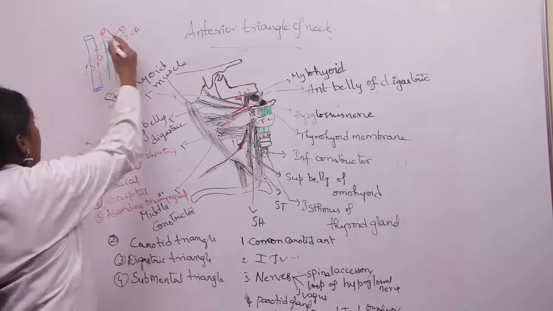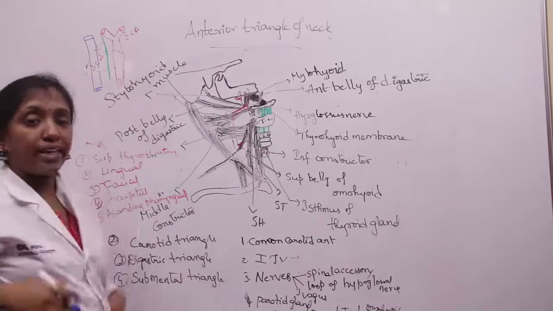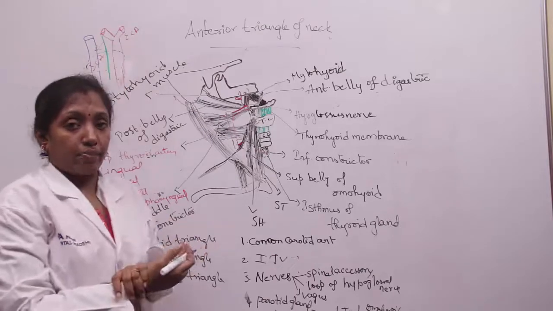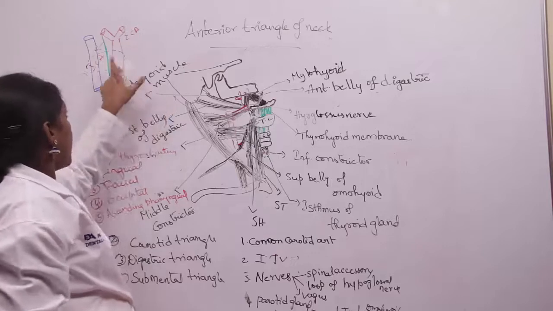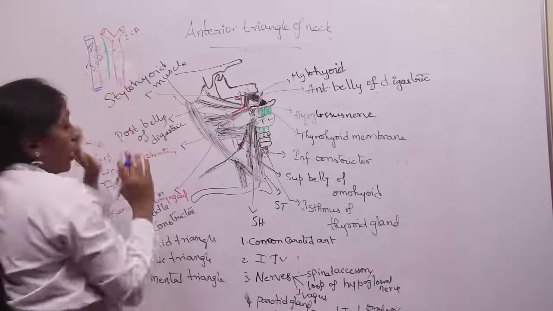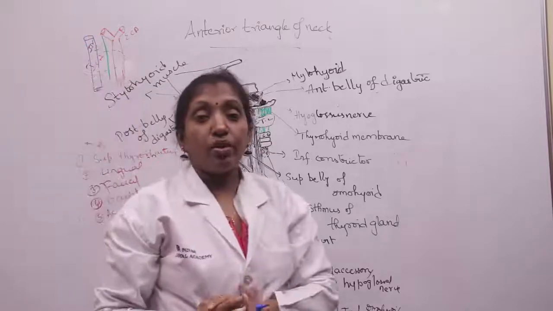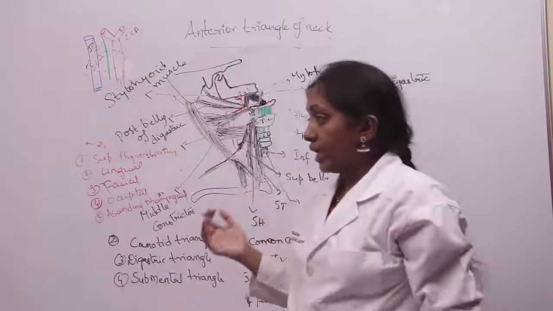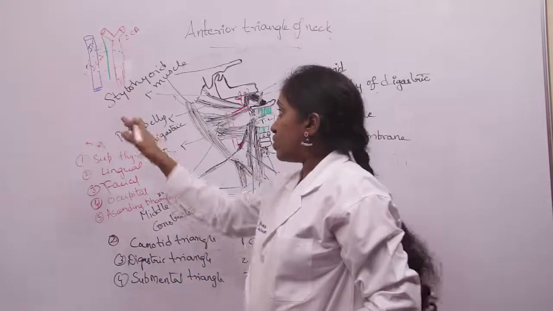So these three, and the vagus nerve lies more on the posterior aspect, and this is the common carotid artery, this is the internal jugular vein. The carotid sheath on the back side of the internal jugular vein is very thin to allow the venous expansion of the vein.